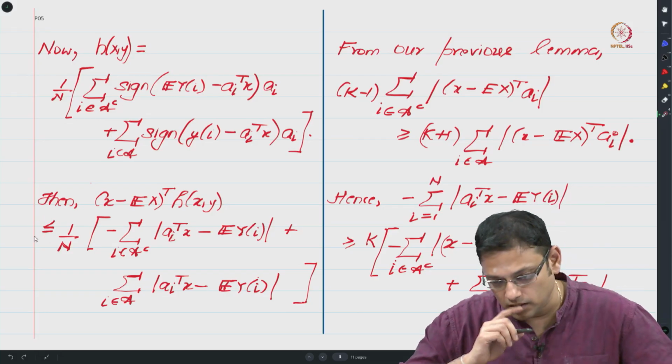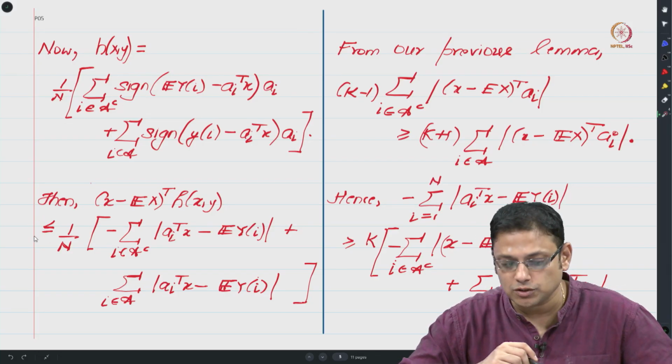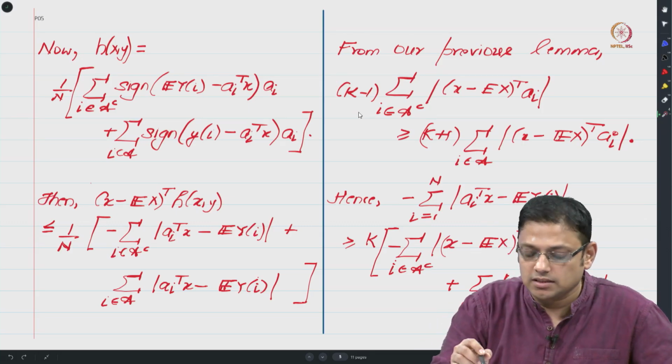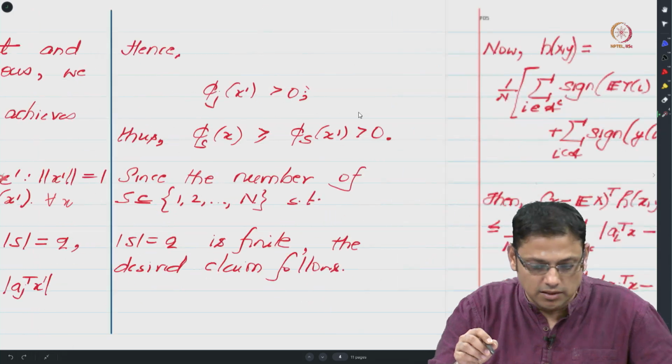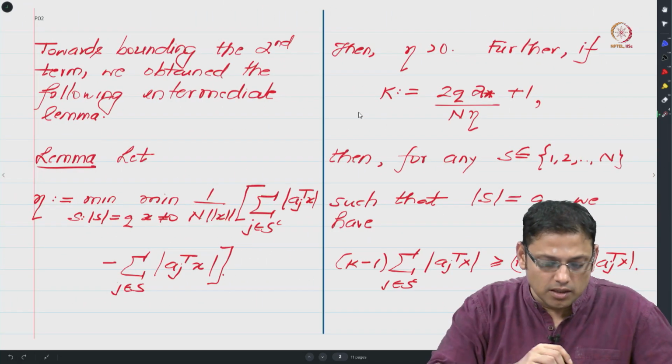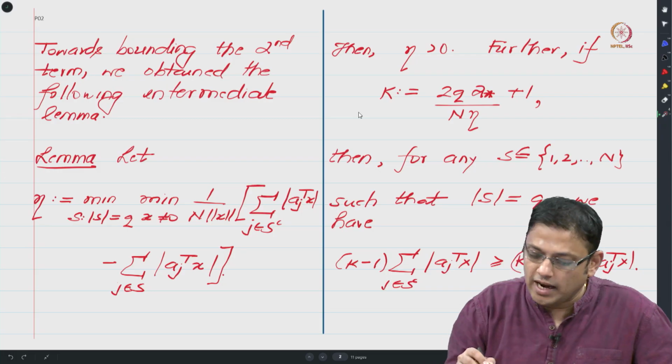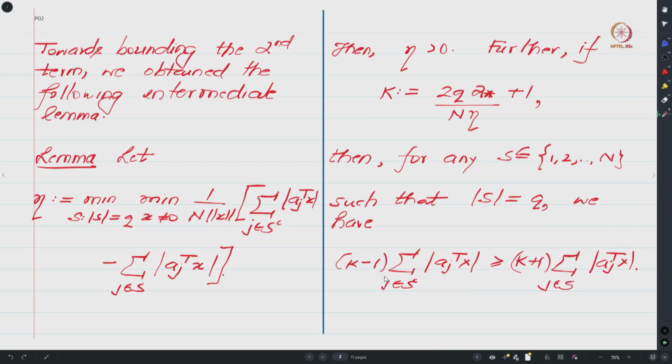Right, and in this intermediate lemma that we had shown, therein we showed that for any x, right. So let me take you to that result. Okay, so the result over there showed that for any x, k minus 1 times this summation is bigger than k plus 1 times this summation.